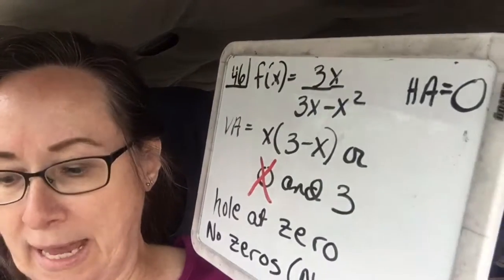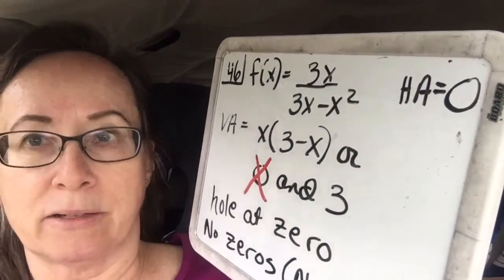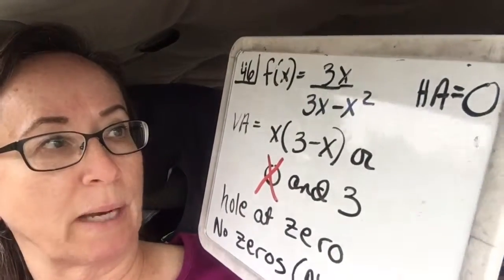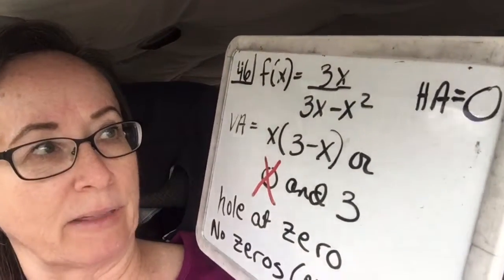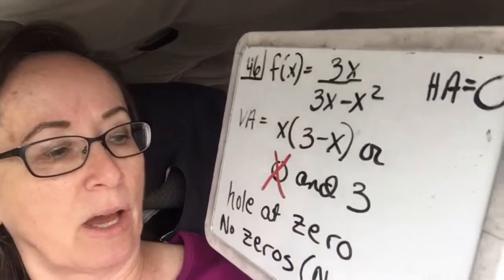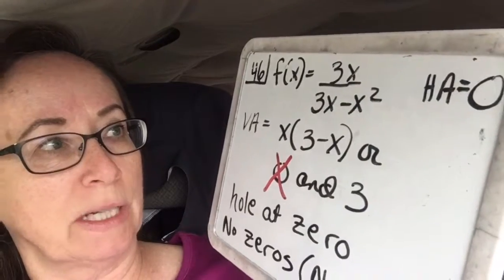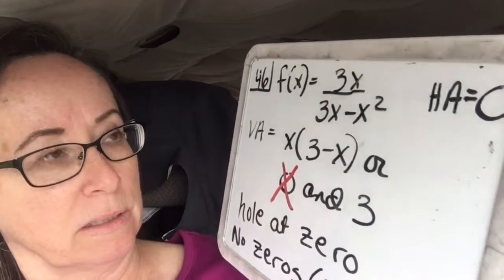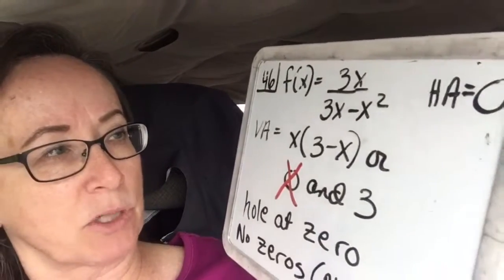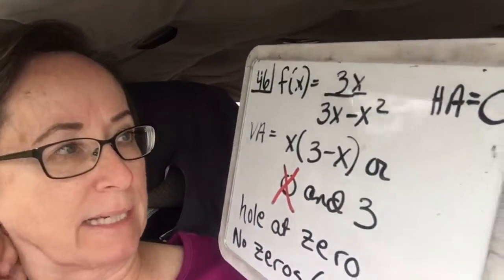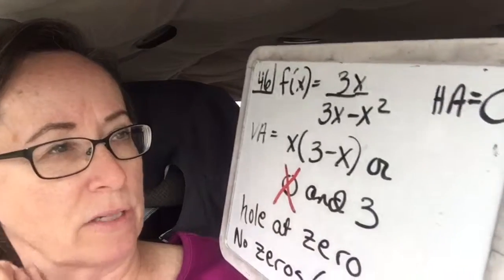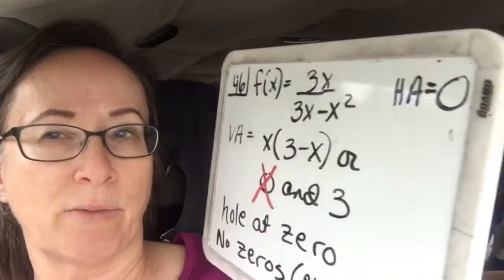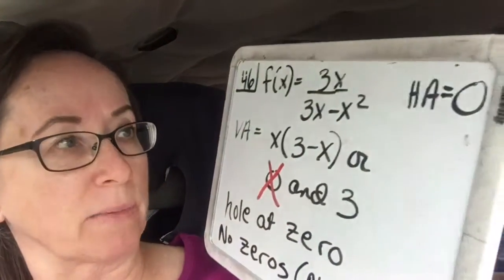So we're not going to have a y-intercept either, because when I plug in a 0, everything goes to 0. So we should not have a y-intercept either, unless, I'm just trying to think, if I crossed out that 0, once I cancel that out, it is going to have a y-intercept. Like I said, I'm learning things with this one.